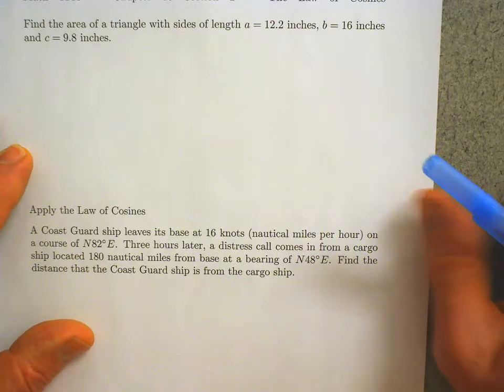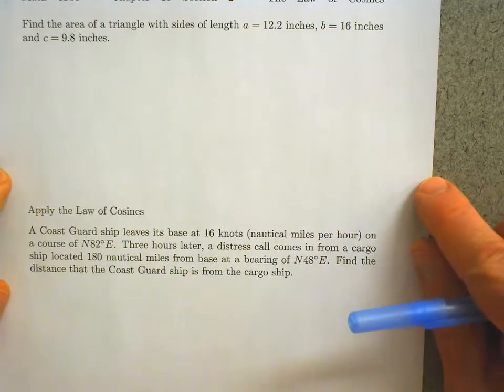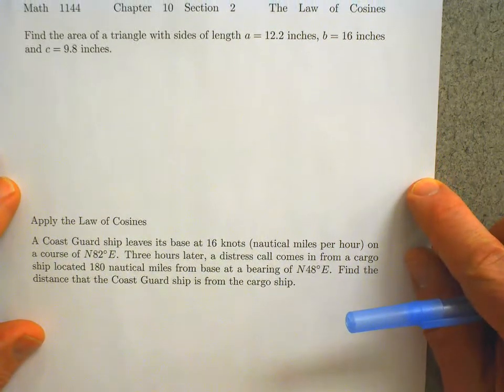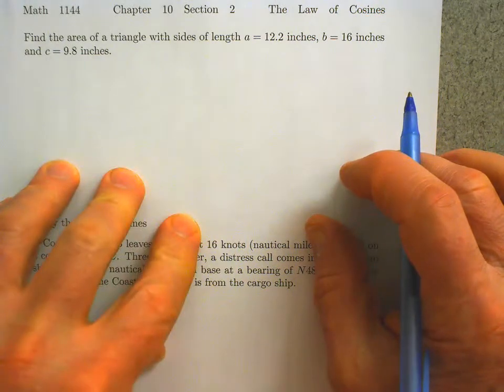So find the area of a triangle with sides of length A equals 12.2 inches, B equals 16 inches, and C equals 9.8 inches. Well, in a case like this, maybe this formula isn't so bad after all.